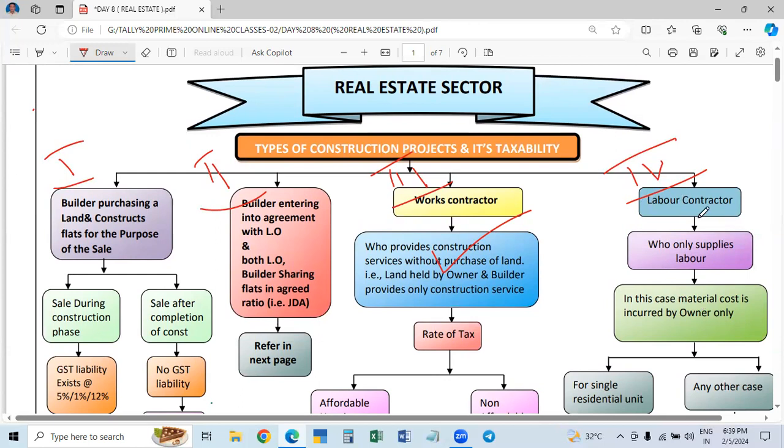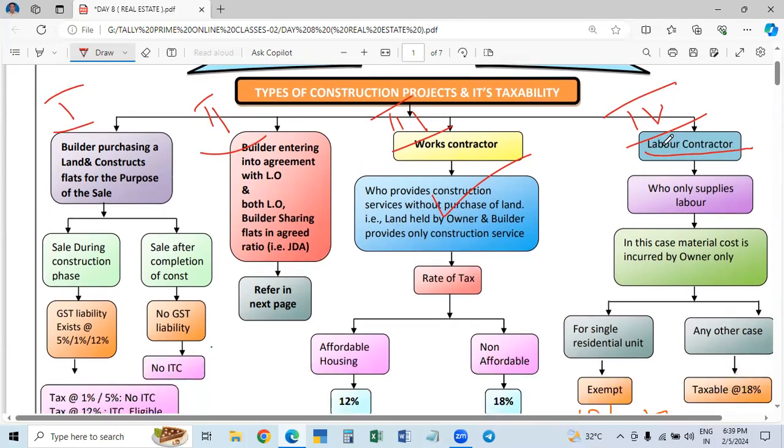That is called a labor contract. Only labor is separate. Where labor and material both are used, that is a works contractor. If it is only labor, it is called a labor contractor. The builder supplies only labor, and the material cost is incurred by the landowner.